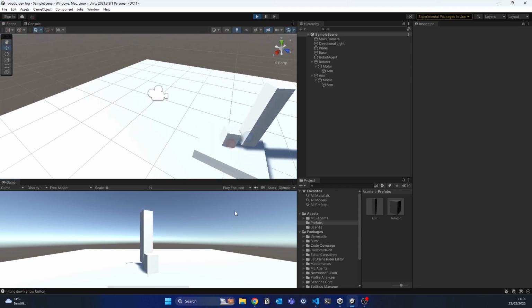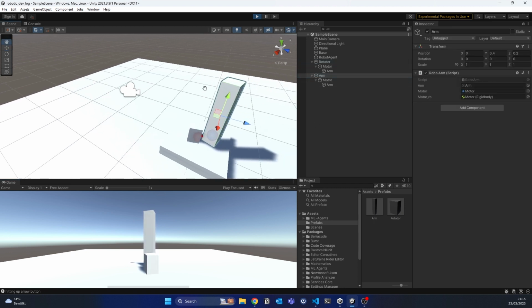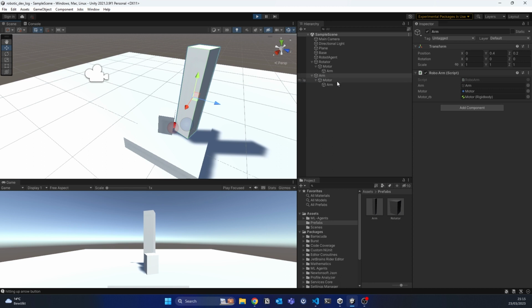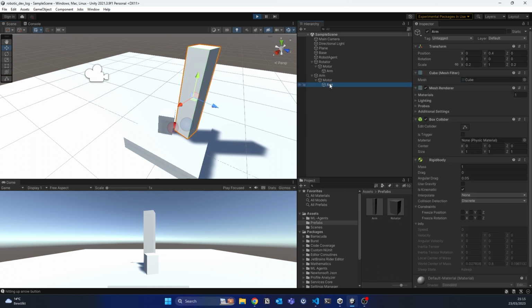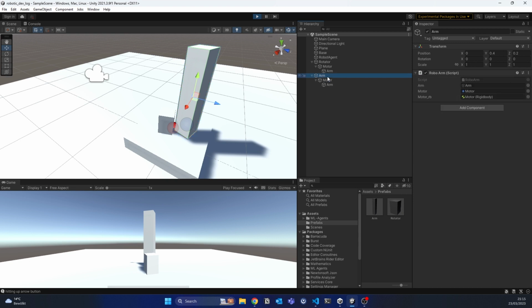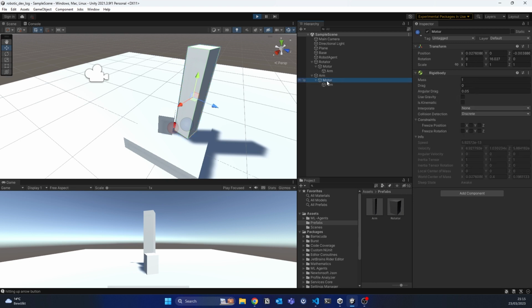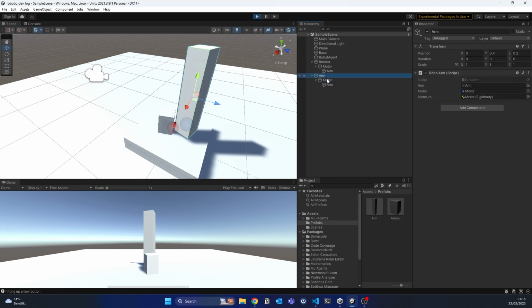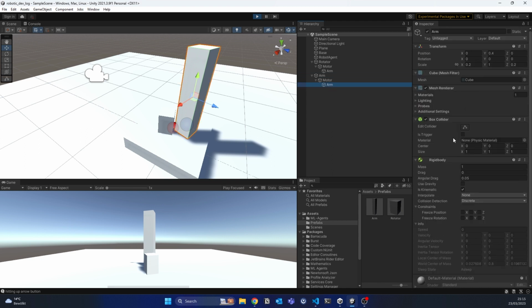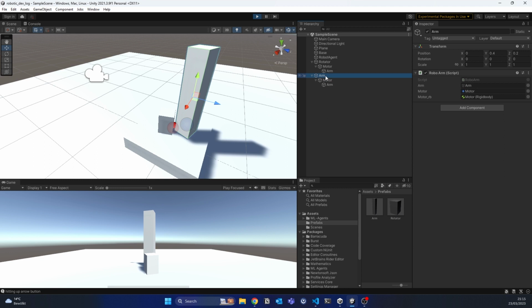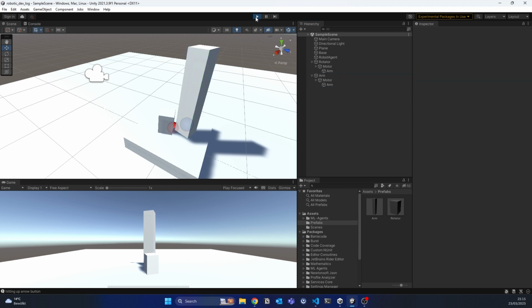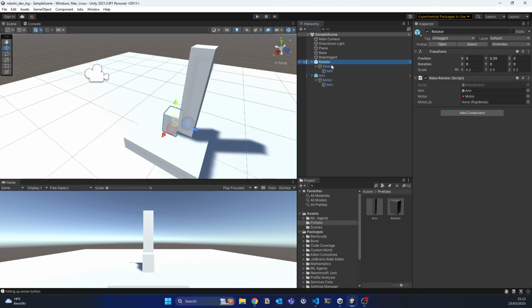Somehow it does something, but I'm not sure if it's what I want. Yeah, I'm not so sure. I don't like this. Maybe I have to restructure some of this stuff.